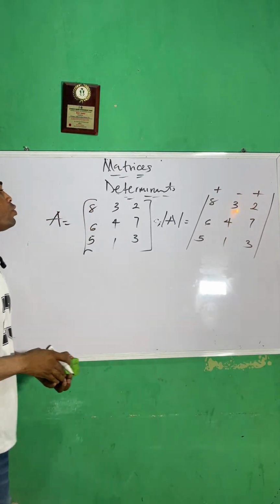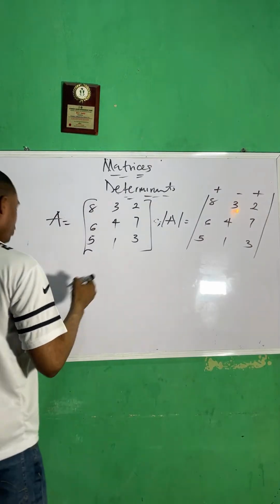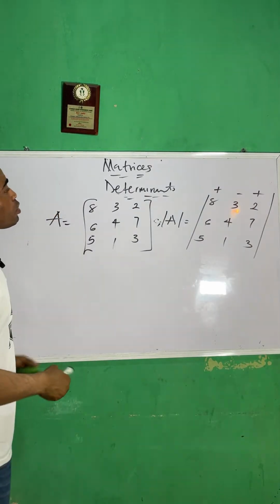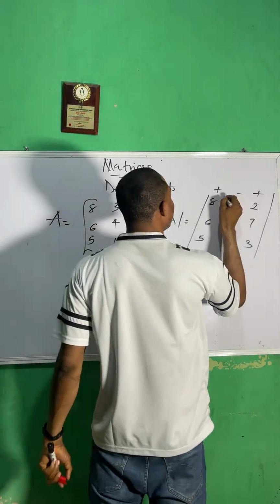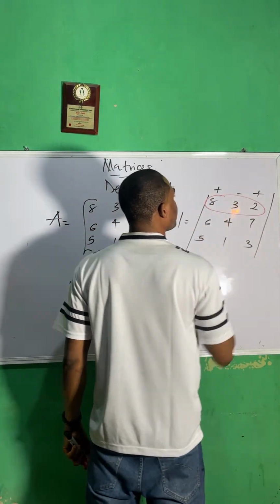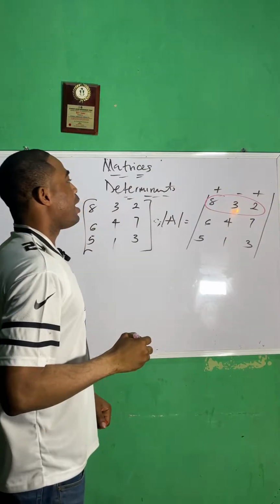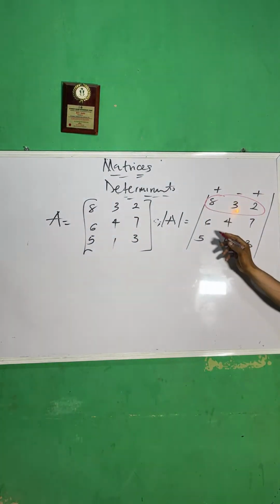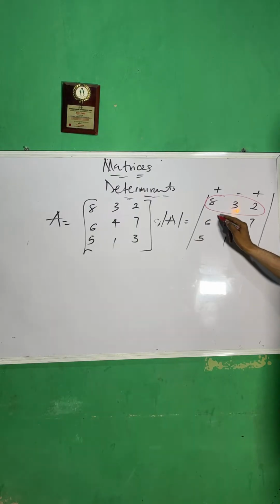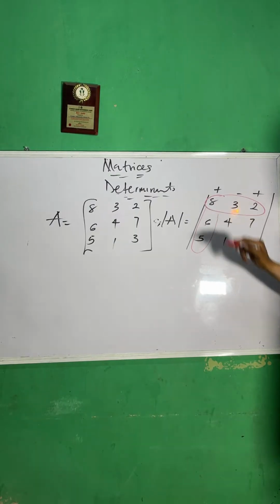Plus, minus, plus. What we have to do here is that the first column, they are referred to as the king. The values under the kings are the chiefs. I want to show you the secrets of determinants.